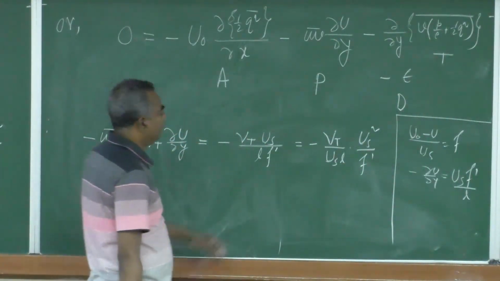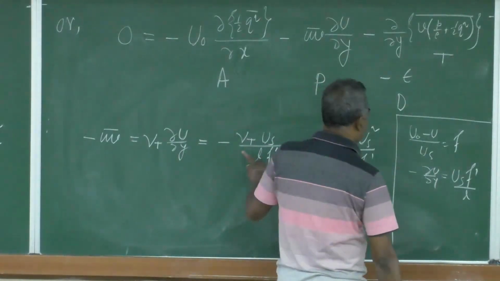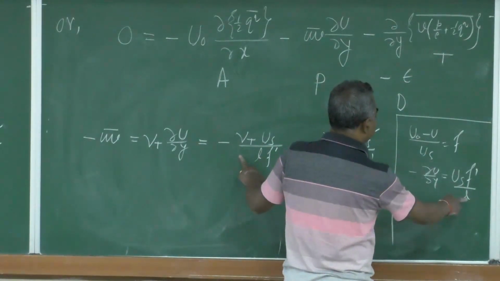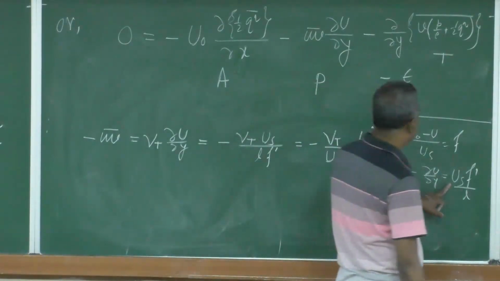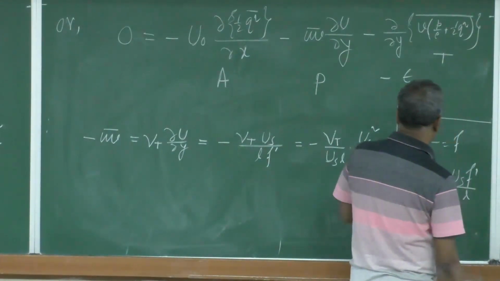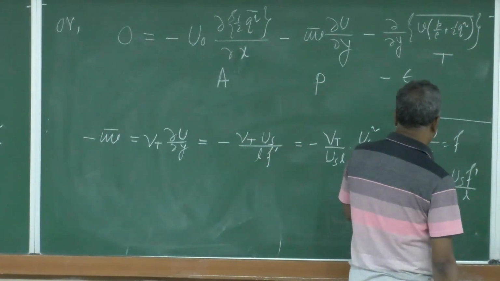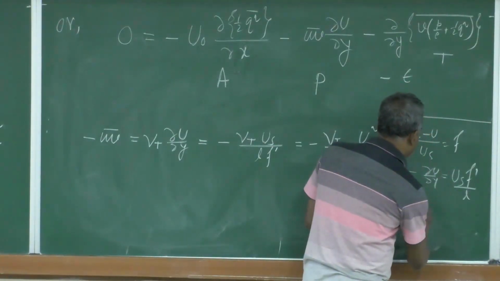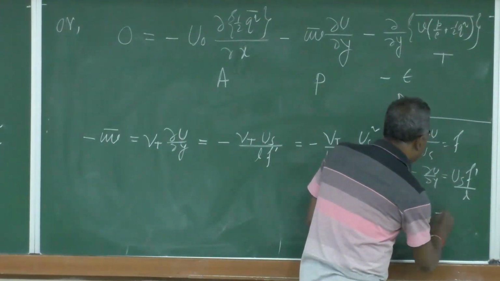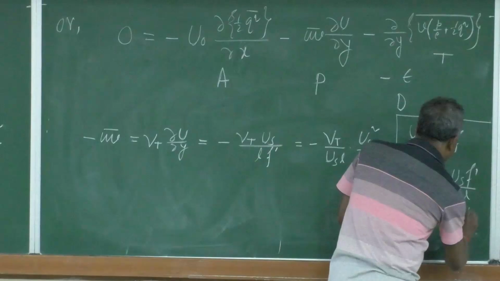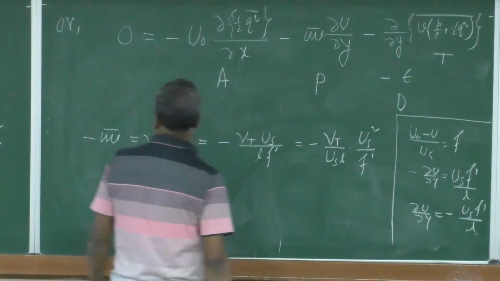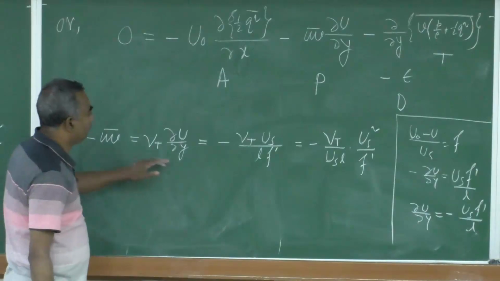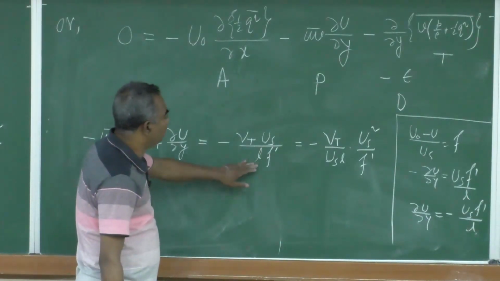That means I am putting the value of this, so it is going to be us F prime by L. So, del u del y is minus us F prime by L, right.